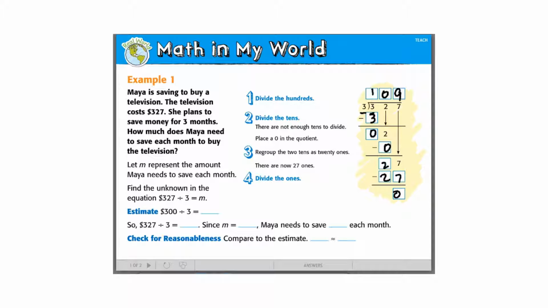If we estimated and made 327 into 300, it would be a pretty good estimate because 3 goes into 300 100 times. So our answer should be something close to 100, which ours is because it's 109. So Maya needs to save $109 each month. Our estimate was 100, which is really close to 109.